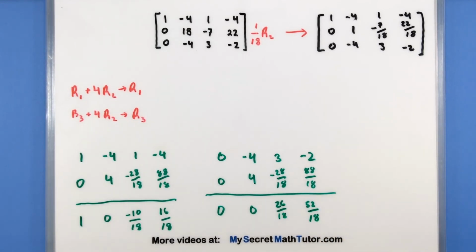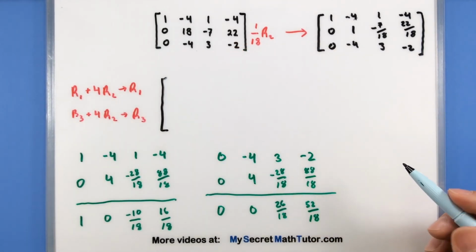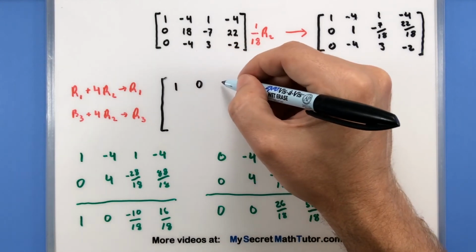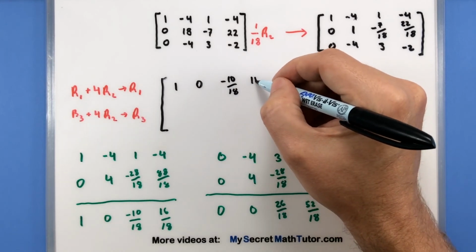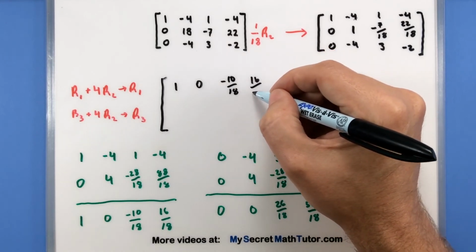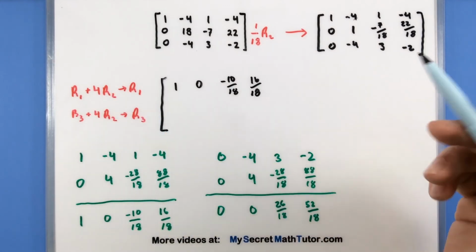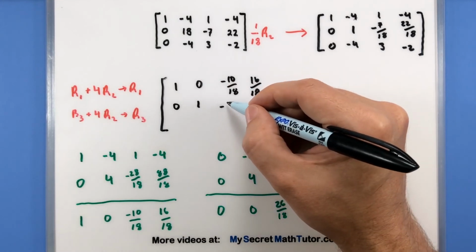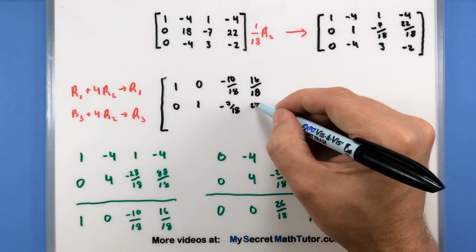All right, now we have some new rows. Now we can actually write down our matrix and see what this thing turns into. So the new row 1: 0, 1, 0, -10/18, 16/18. Row 2, well, we haven't changed row 2, so I'll just write that down exactly as it is: -7/18 and 22/18.